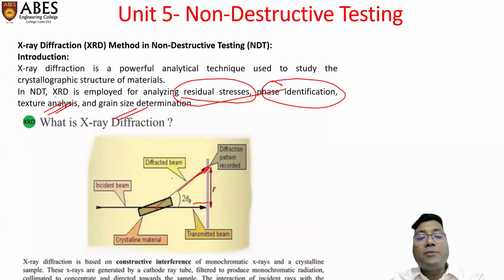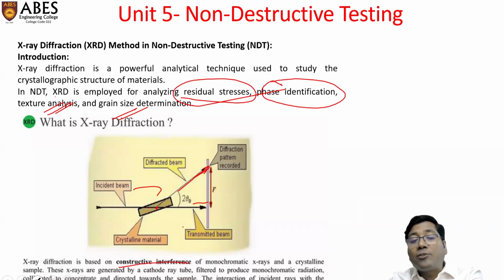So X-ray diffraction is based on constructive interference of monochromatic X-rays and a crystalline sample. These X-rays are generated by a cathode ray tube, filtered to produce monochromatic radiation, collimated to concentrate, and directed towards the sample. The interaction of incident rays with the sample produces constructive interference when conditions satisfy Bragg's law.